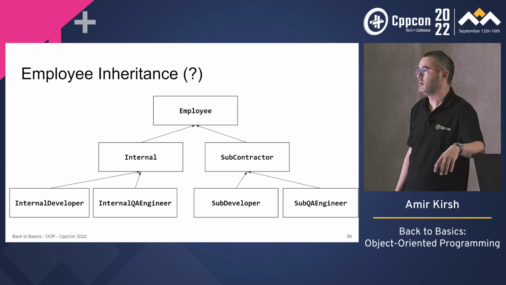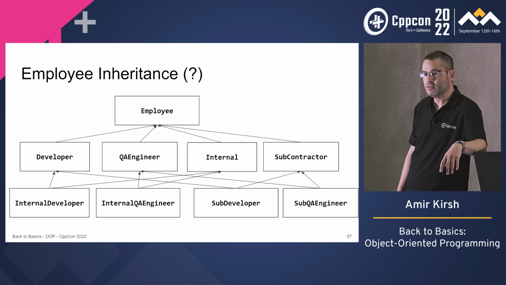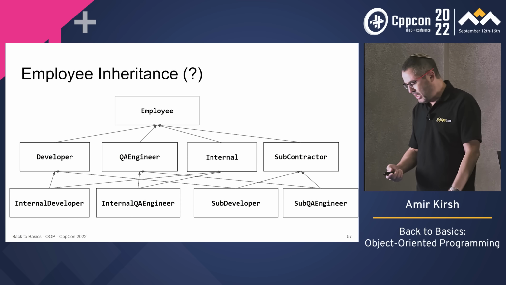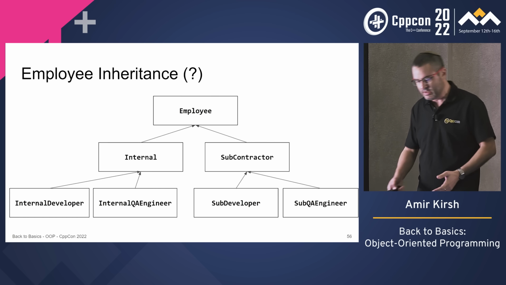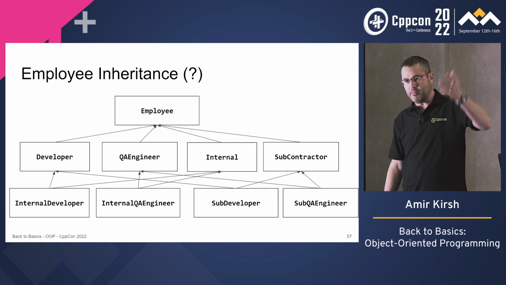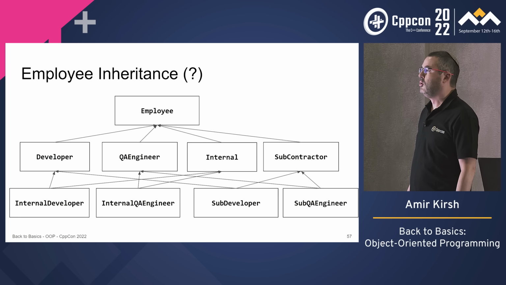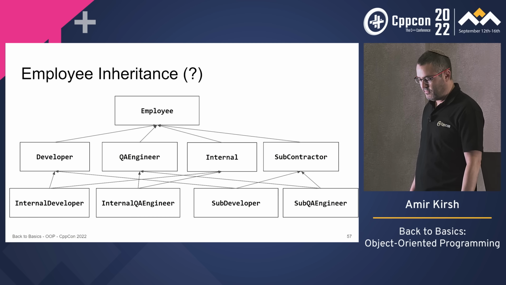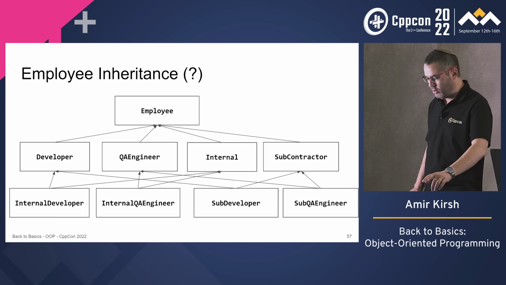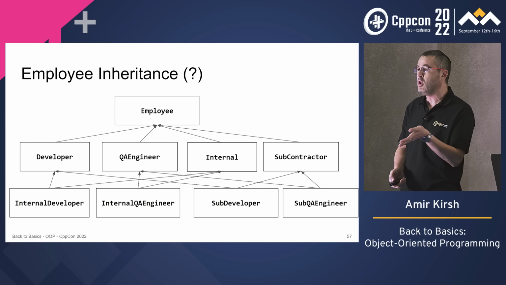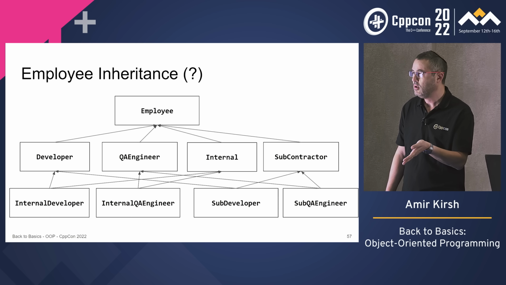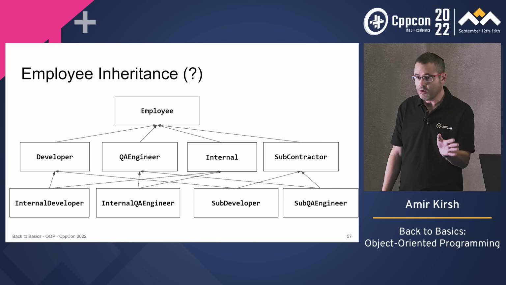No, don't do that. Because then you would come to that: oh, since developer, I don't want to implement the logic of developer twice for the internal and subcontractor. So I raise it up, and then I would wind up with multiple inheritance of developer, which is subcontractor, and a developer, which is internal. And I see stuff like that occasionally. This is not a solution. Don't do that.